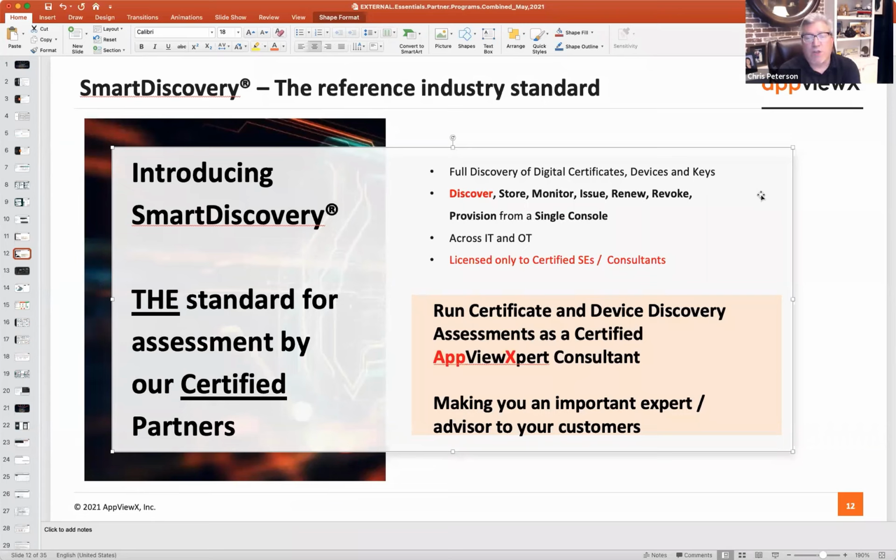So if you're doing security assessments now, pen testing, possibly vulnerability assessments, this is another great tool that you can put into your assessment practice and cause your customers to take a good hard look at their certificate lifecycle management.